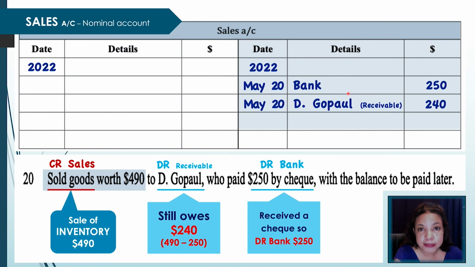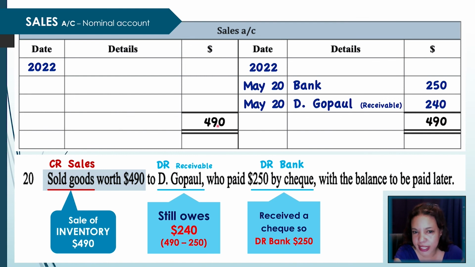All right. So the last thing that you do after you have entered your transaction is to close off, because it's a nominal account. So you can put your totals. It was obvious which side is the greater amount. That's why I didn't skip a line. But anyway, you just put your totals, 490 and 490. I should have put this first, 490, and then you go across here and put your 490.